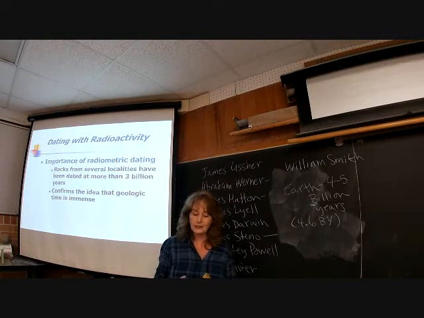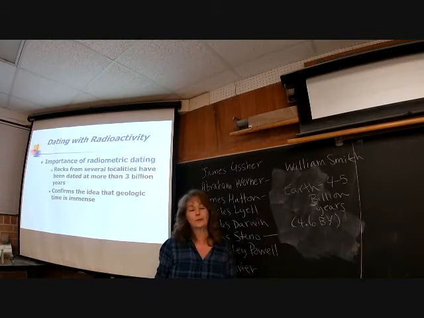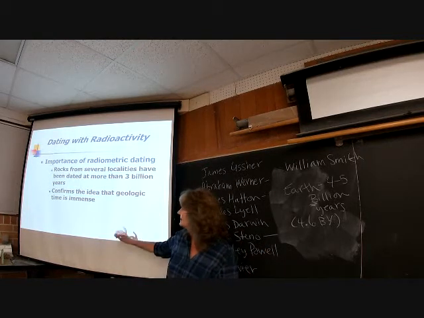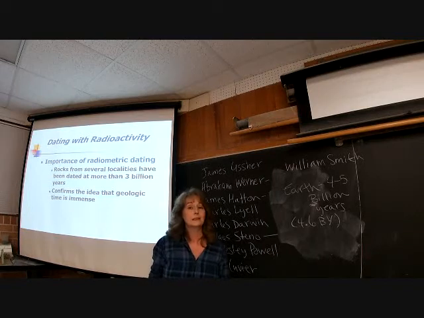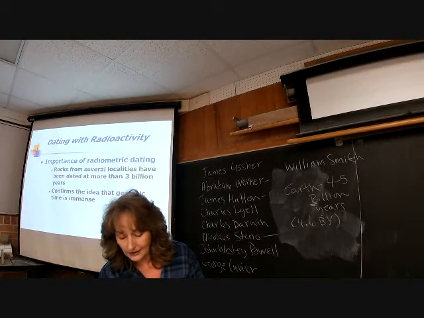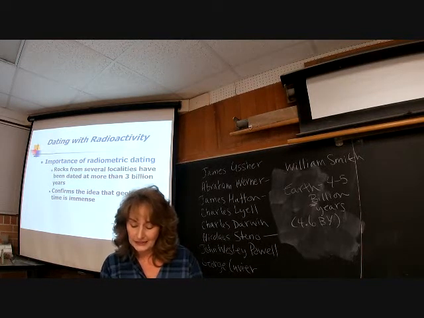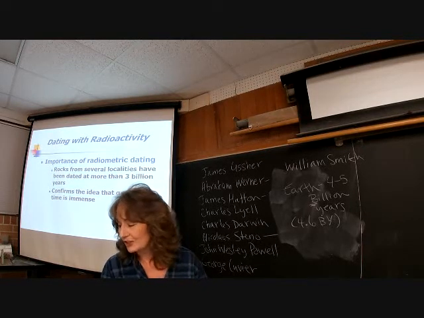So this calculated age of 4.6 billion years does tell us that geologic time is immense. Okay, so we've got to wrap our brains around that as we're studying geology.